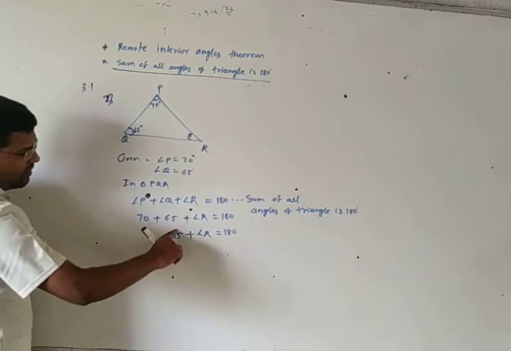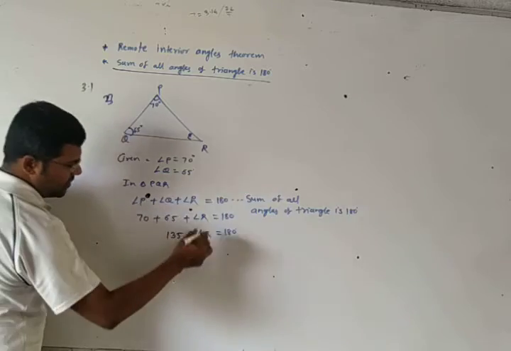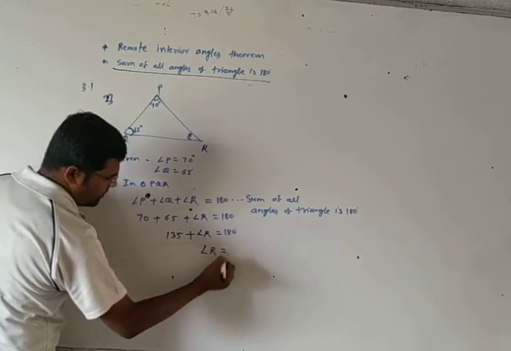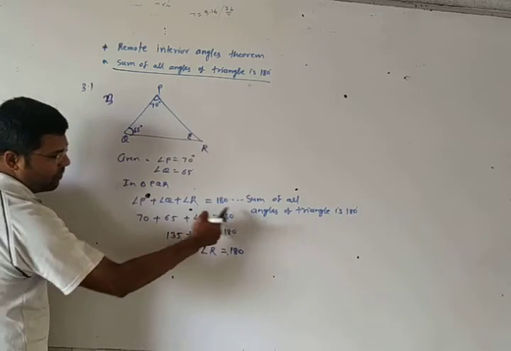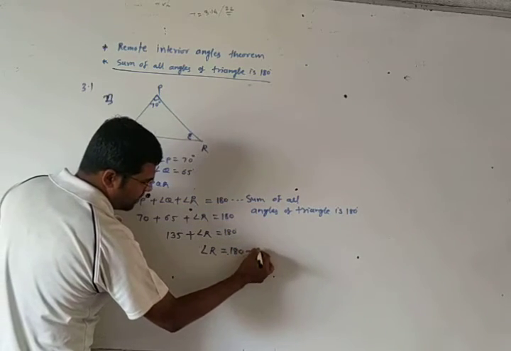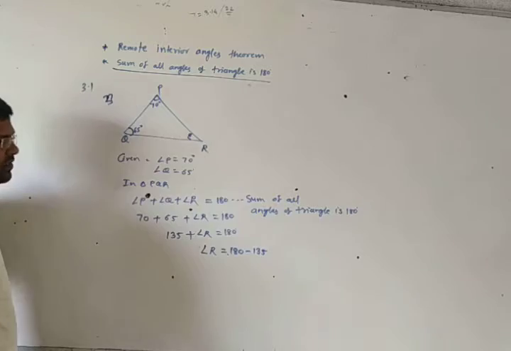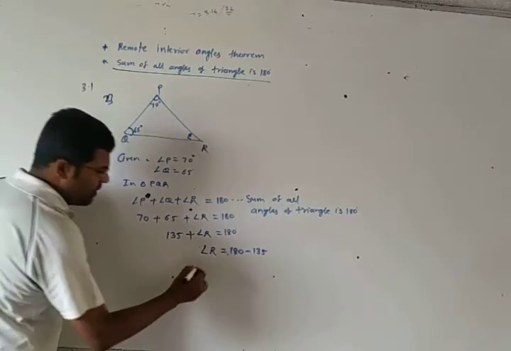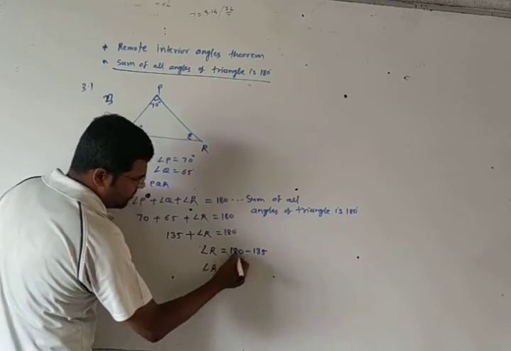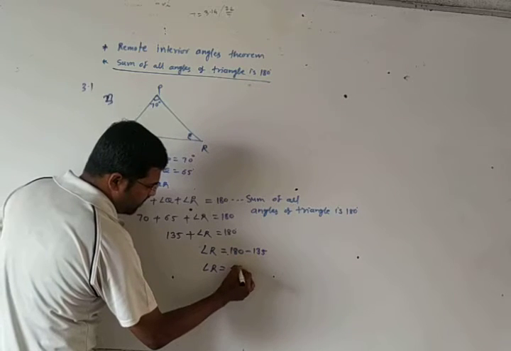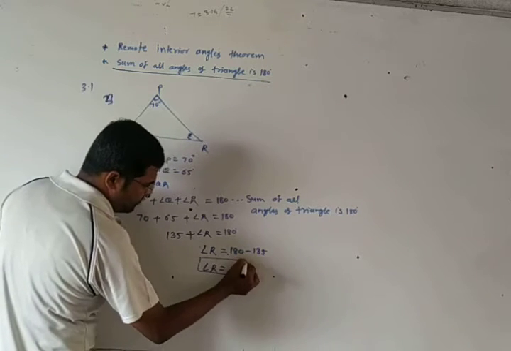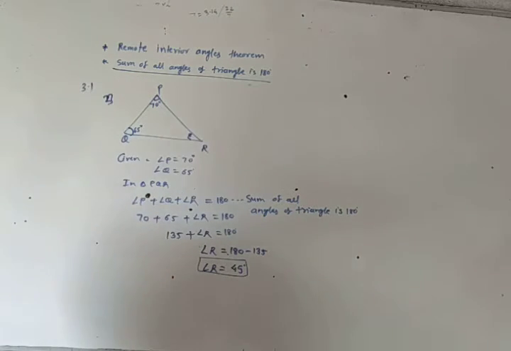So R is equal to 180 minus 135, which is 45 degree. Look at it, that is the second question.